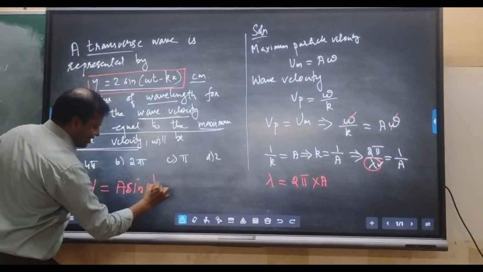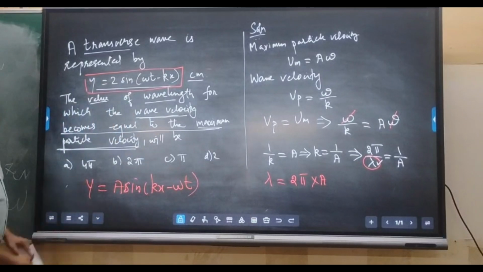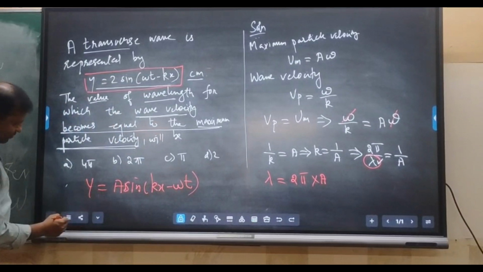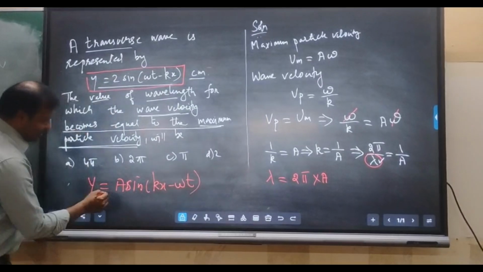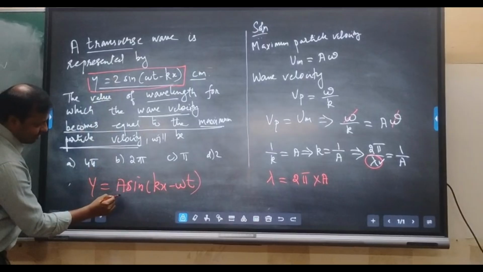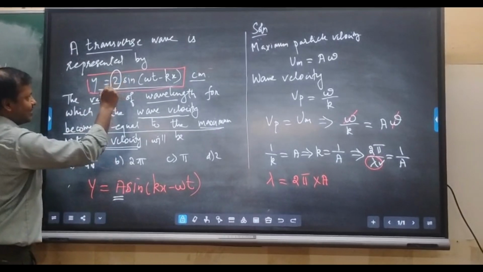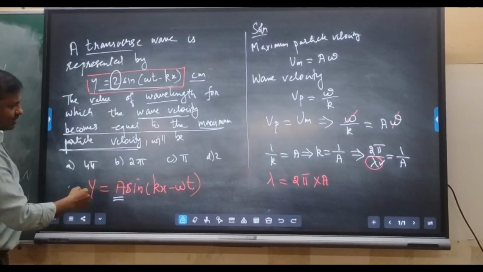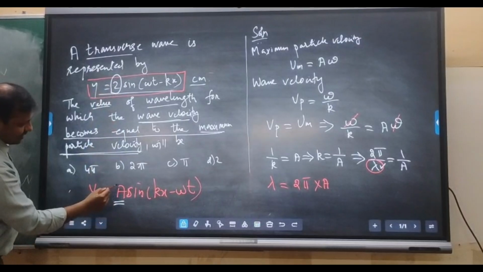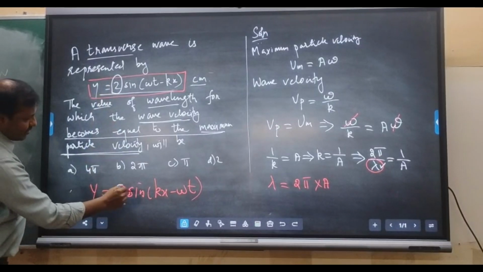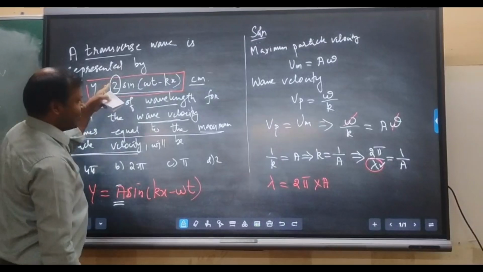We can take the value of A from the given expression. The A value is the coefficient of the sine term, and the coefficient of the sine term is 2. So that is our A value.